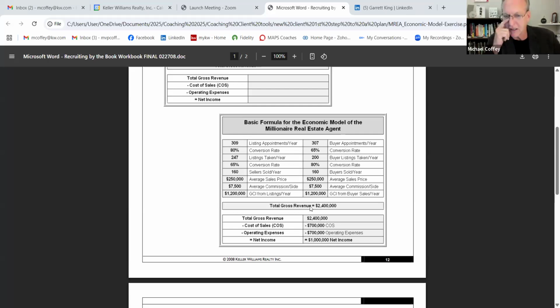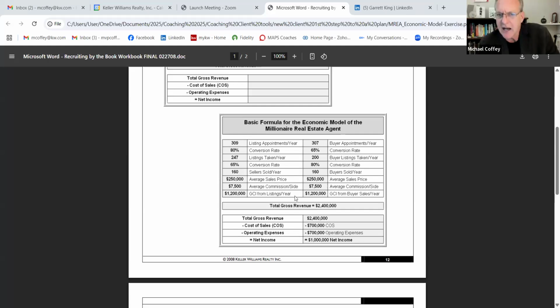If your business is equally divided between listings and sales, we can take half of that gross revenue number, or GCI, and put half in listings and half in buyers. Now we take our average commission and our average sales price in order to get the number of sales needed to drive that amount of GCI from each side of our business, listings and buyers.